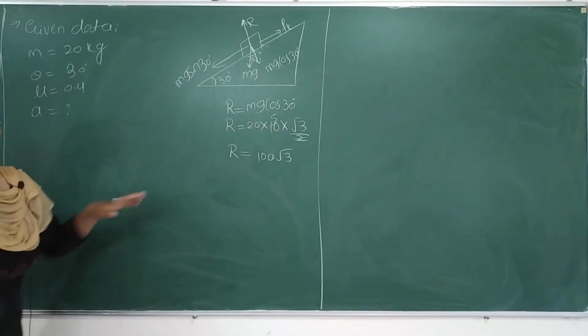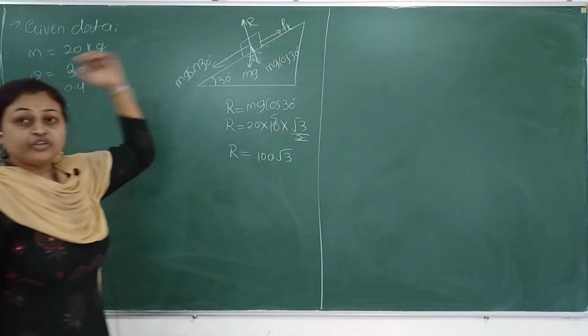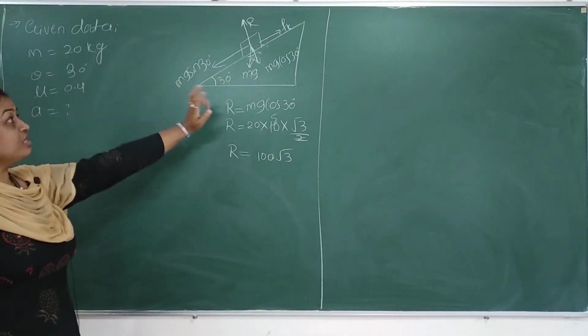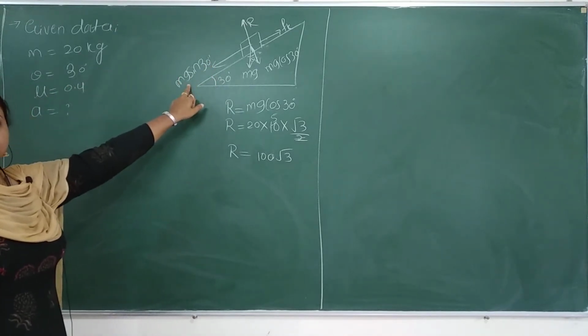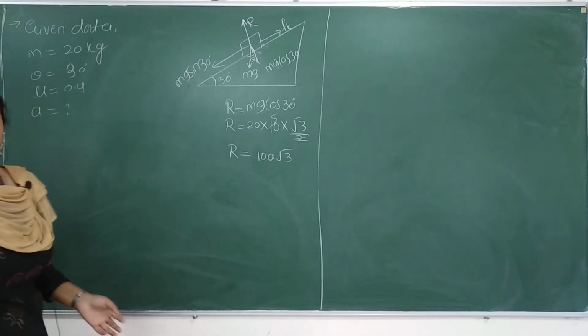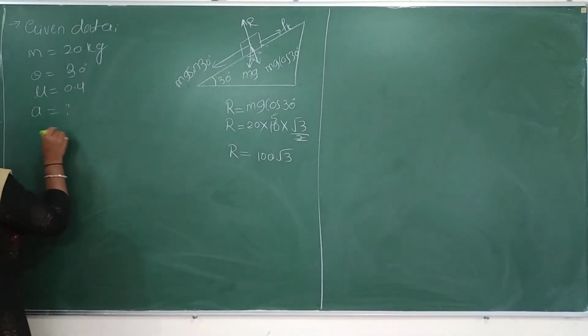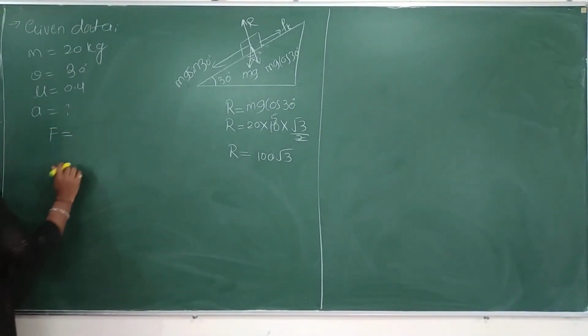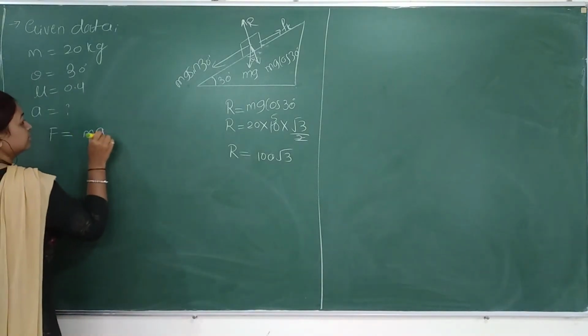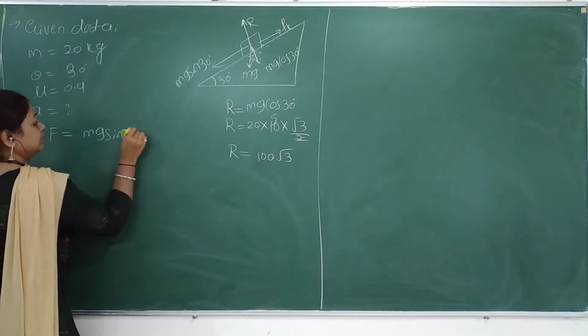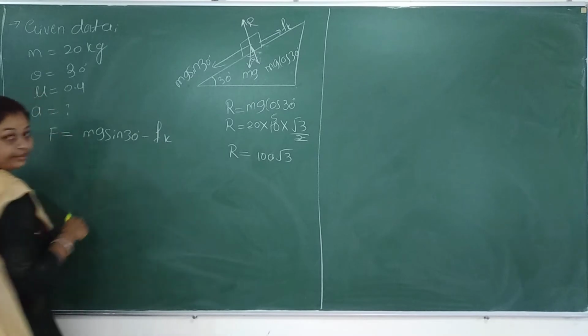So this is the vertical motion. Now, horizontal motion. How many forces are acting on the block? Total force: one is the component mg sin 30 and another is Fk. So resultant force F is equal to mg sin 30 minus Fk. Right.